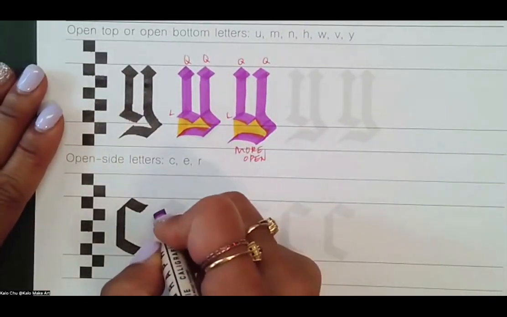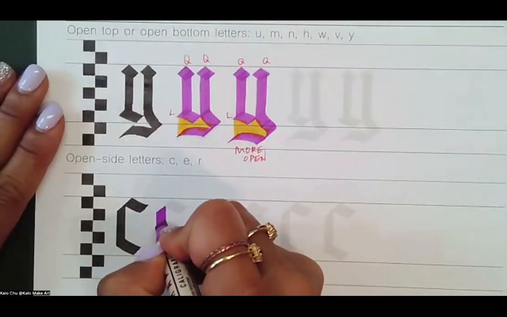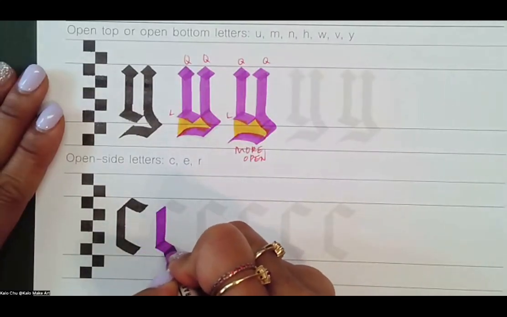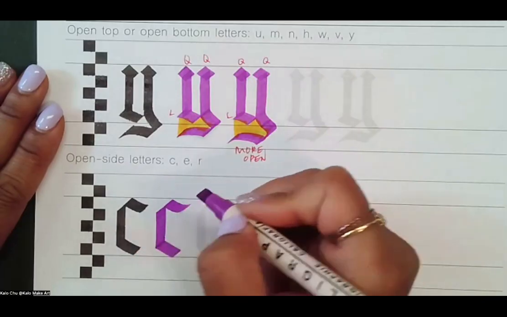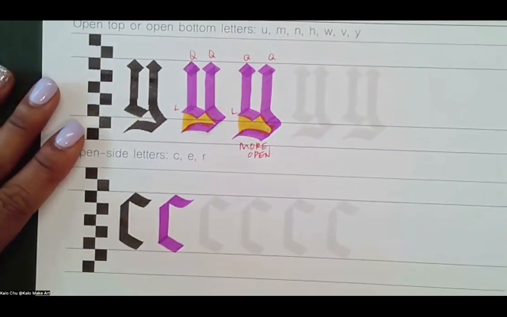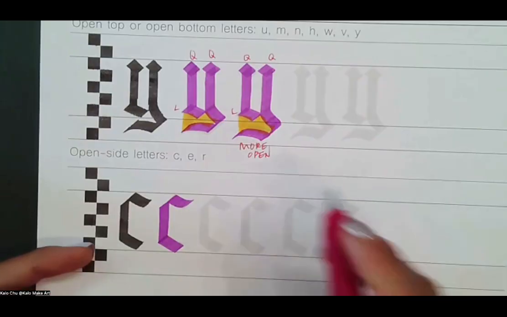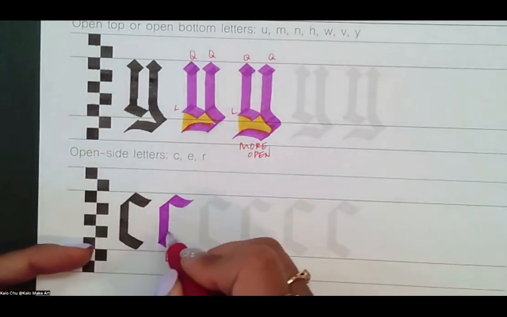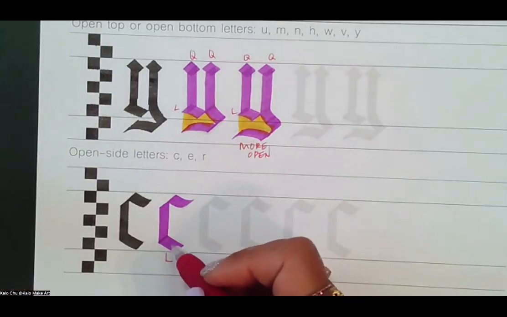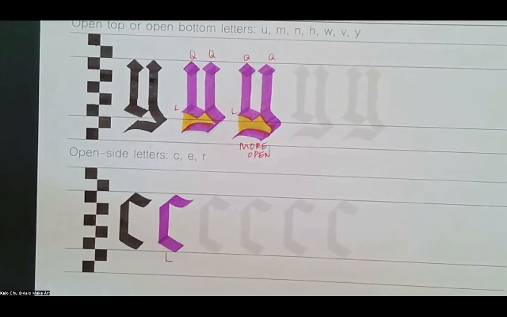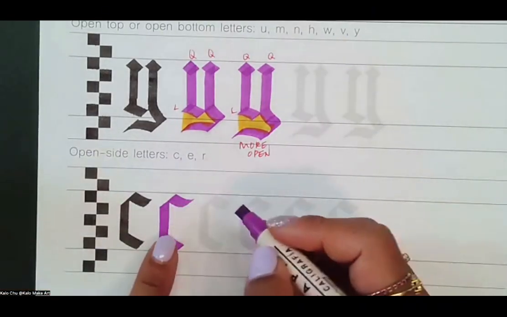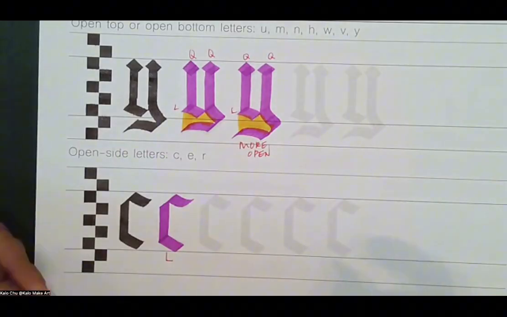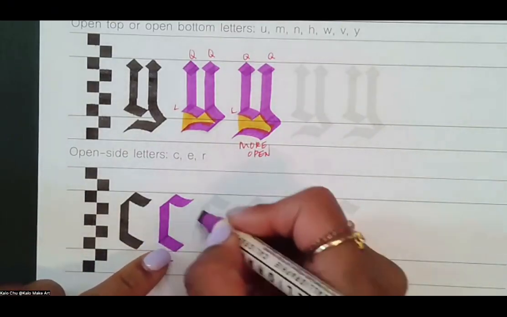Now, for C, very straightforward. You can have a vertical into a lozenge and then a slight curve here, like that. That's your C. Now, this is a lozenge, and you notice that for the open side letters, we will use a lozenge here, not a quadrant, because you want to keep that sitting firmly on the ground, because there's nothing else here as well.